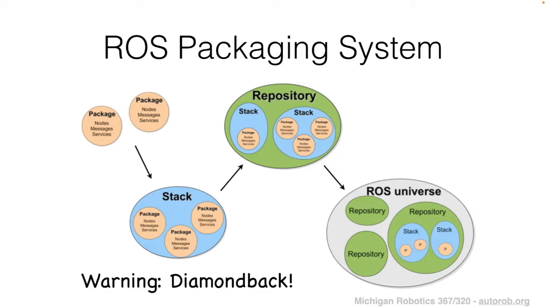Within this, you could have a set of ROS nodes, and these nodes can communicate internally with other nodes inside their package, but also with external nodes that have been developed in other packages. In addition, within a package, you can define a set of message topics. This would be essentially a set of data structures that these nodes would be expecting to communicate with. And then in addition, a set of services, which we can think of as being very similar to nodes.